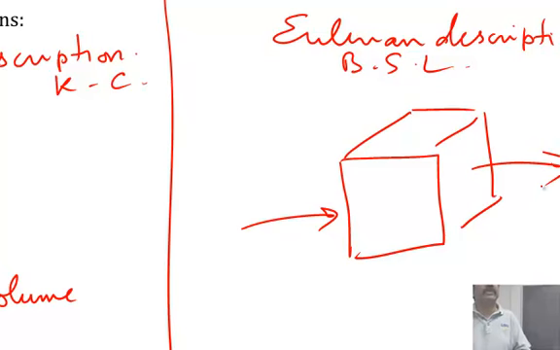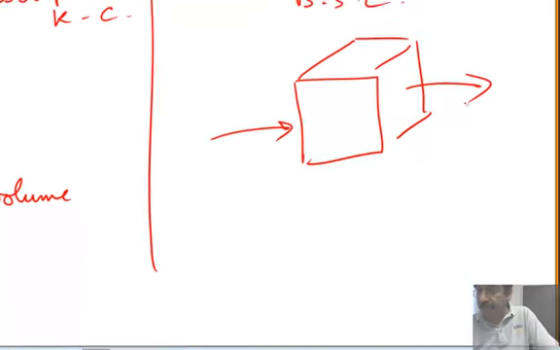Fixed laboratory reference frame. Now, a cop is chasing a single car and trying to find out how fast he's going by using a radar. That would be an example of a Lagrangian, because you are following a particular car in traffic. So these are some of the examples of Eulerian versus Lagrangian description.